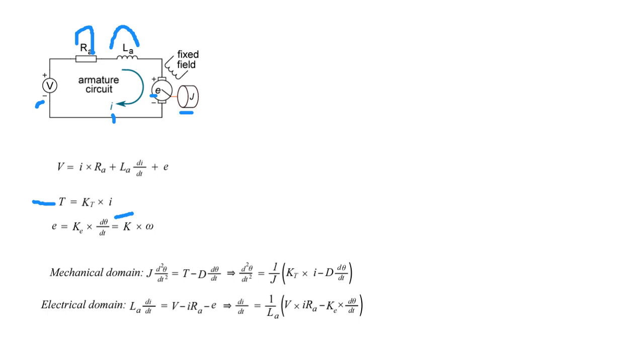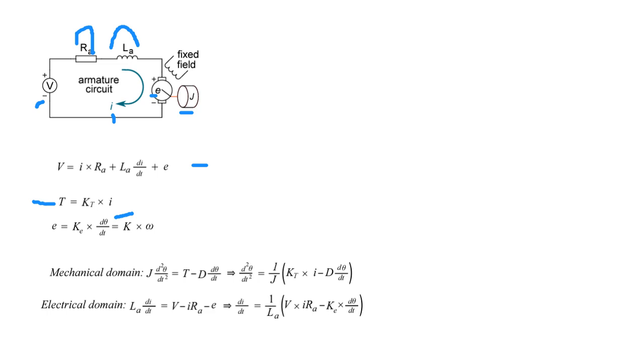Now we understand the parameters: RA, resistance of the armature; LA, inductance of armature; E, back EMF of motor; G, inertia; V, supplied voltage; I, current value; T, torque; also theta, rotor angle.